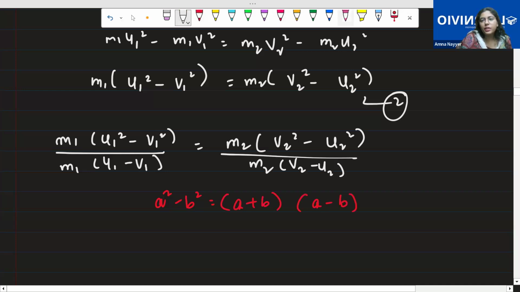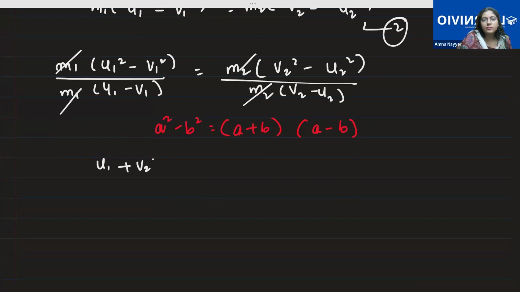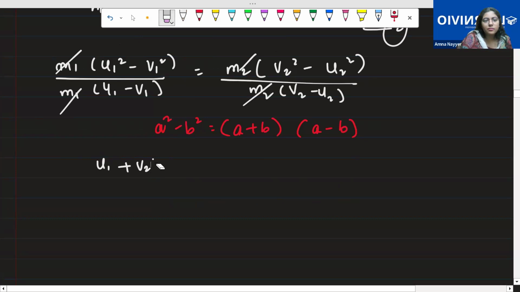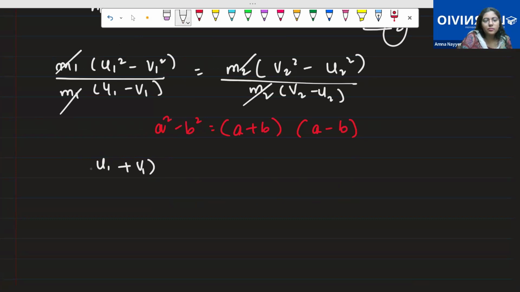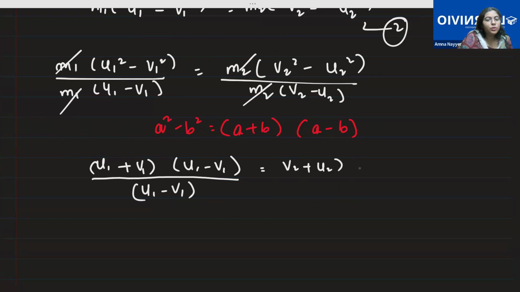So here, when we put in the values, m1 will be cancelled, m2 will be cancelled. So we get (u1 plus v1) into (u1 minus v1) divided by (u1 minus v1), equal to (v2 plus u2) into (v2 minus u2) divided by (v2 minus u2).